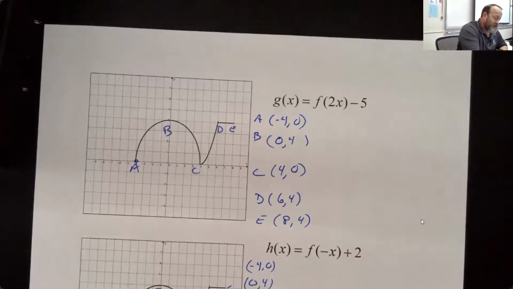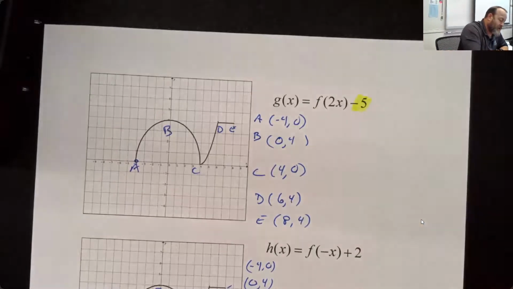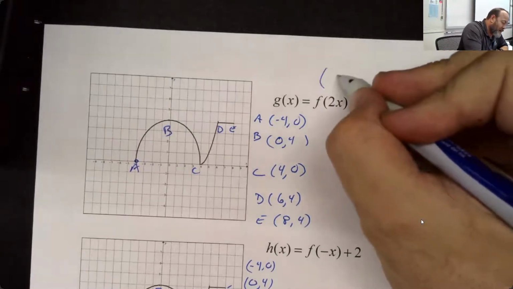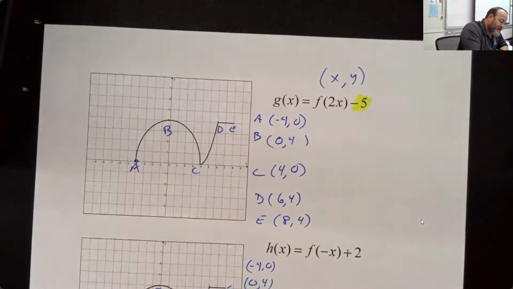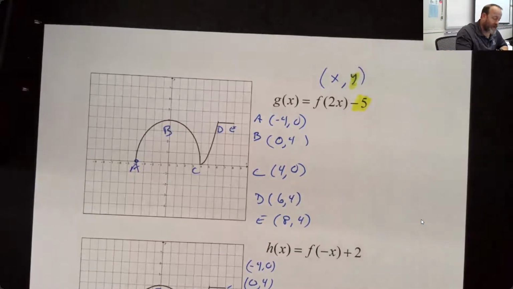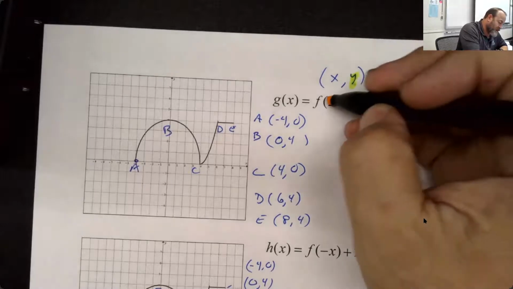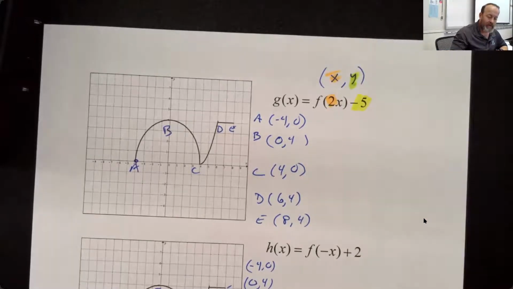The first one is this 5 right here, which should affect all of the y values simply by moving them down 5. Whereas this value right here that is sitting on the x, that's going to be right here.